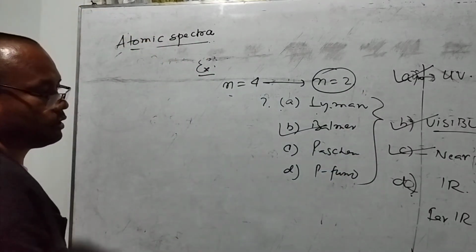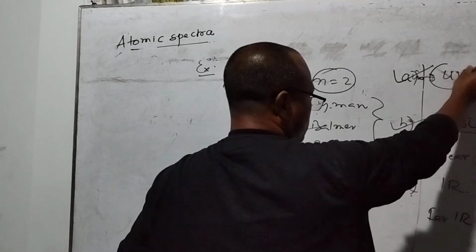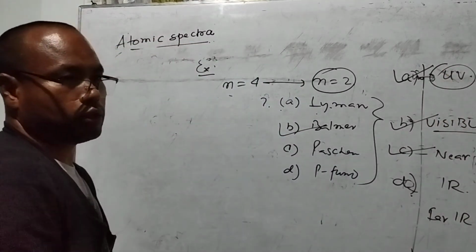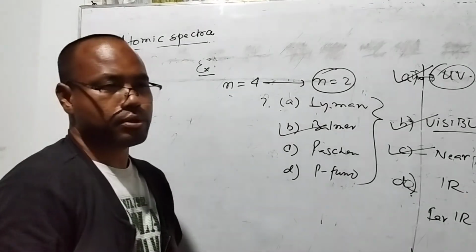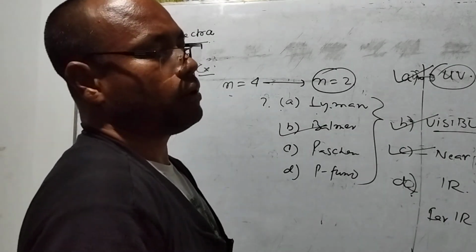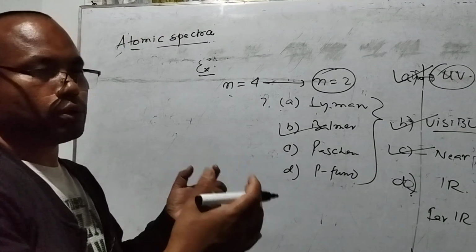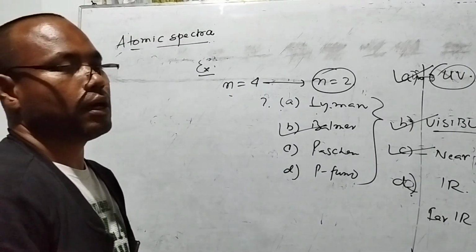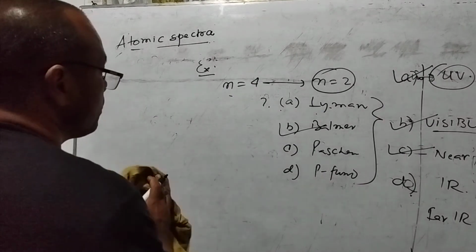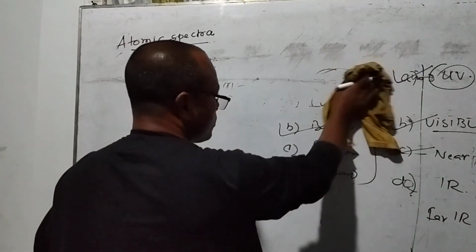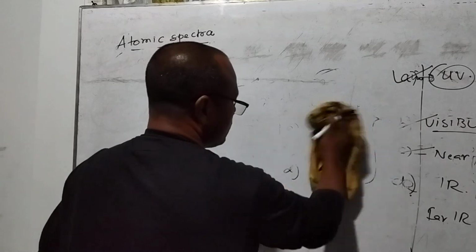And one more here. I think you still remember electromagnetic radiation: which one has the highest frequency, which one has the lowest frequency, which one has the shorter wavelength and which one has the longer wavelength. You may remember it from electromagnetic radiation, but I remind you again here.